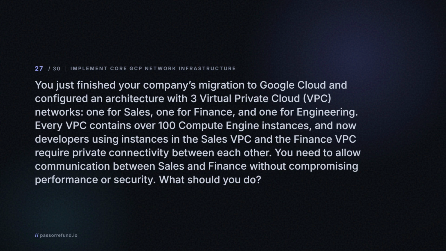Every VPC contains over 100 Compute Engine instances, and now developers using instances in the sales VPC and the finance VPC require private connectivity between each other. You need to allow communication between sales and finance without compromising performance or security. So what should you do?